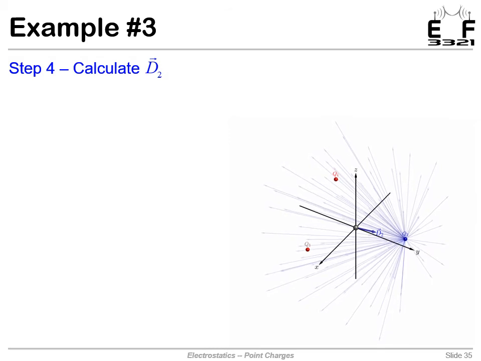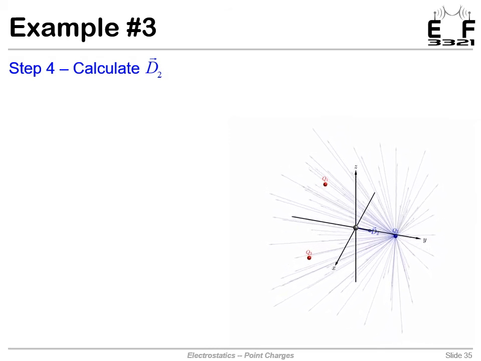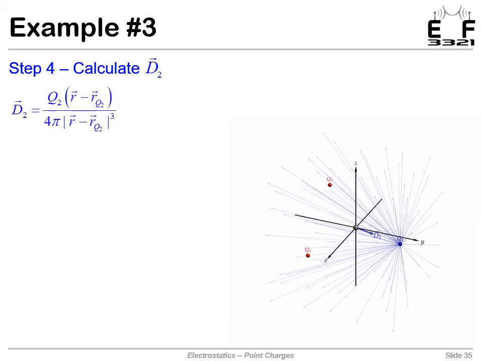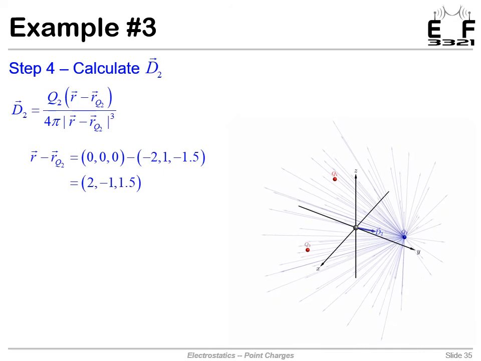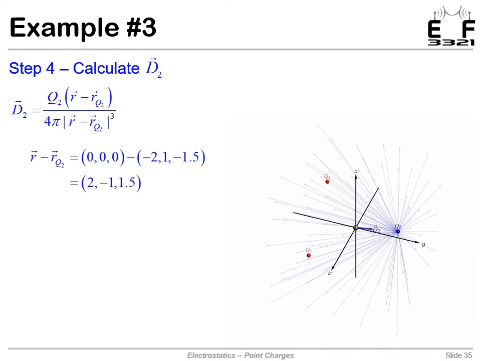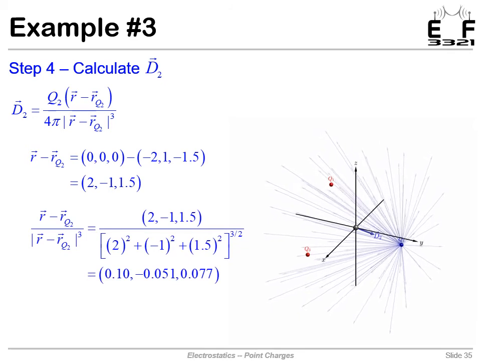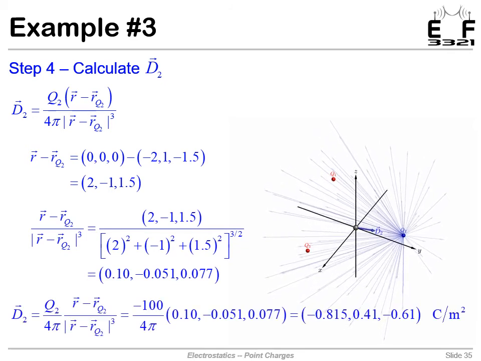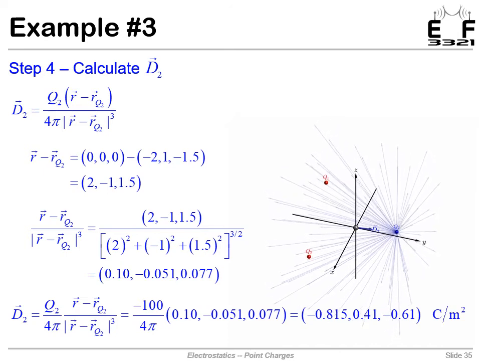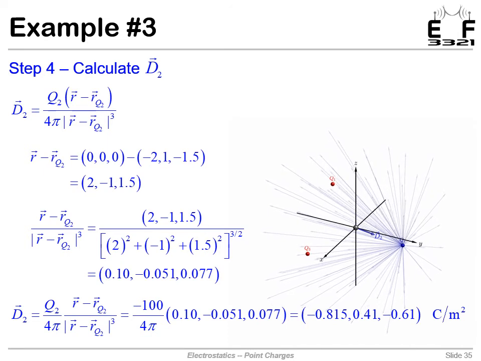But make no mistake, those field lines are pointed toward Q2. So we have our general equation for D2. We'll calculate r minus r_q. Then we calculate that vector ratio. Then we plug in our numbers and we get D2. And here are the units that I should have been carrying through all of the calculations.